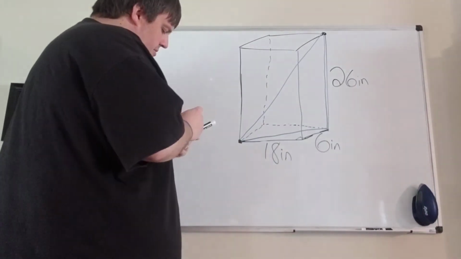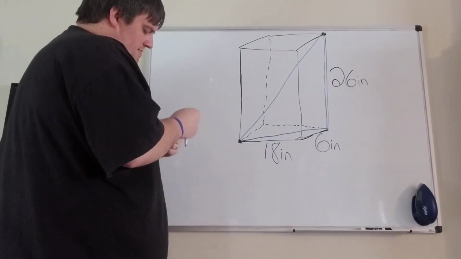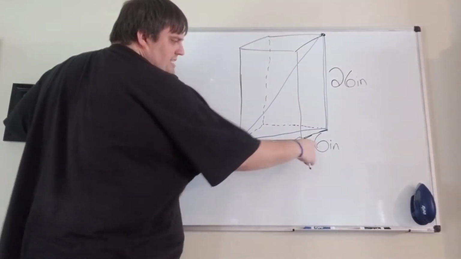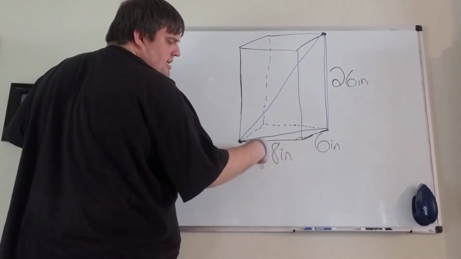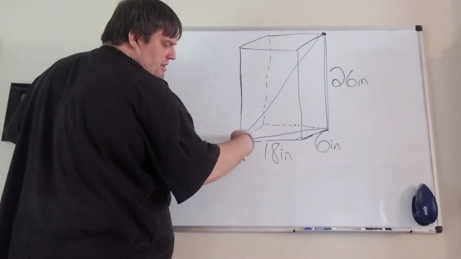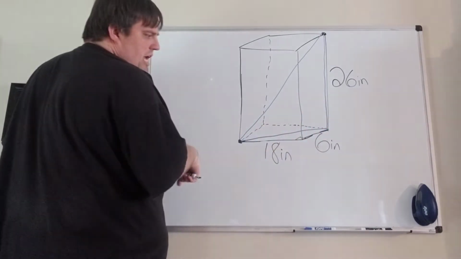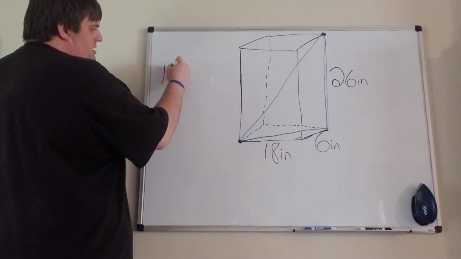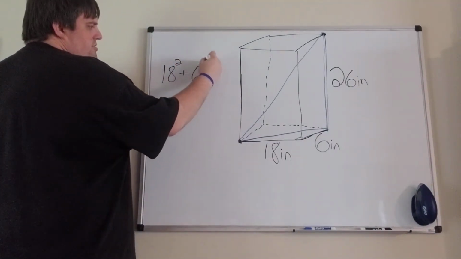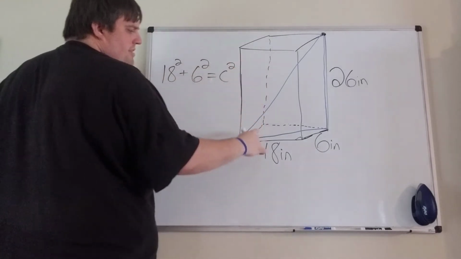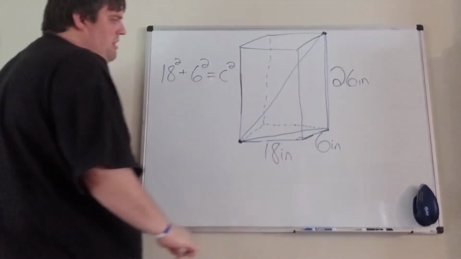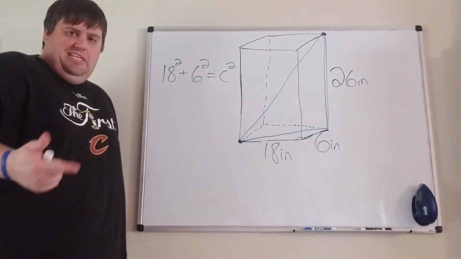So the first thing I'm going to do is use 18 and 6 as my legs to find this hypotenuse, the first blue line or second blue line that I drew. So I want 18 squared plus 6 squared equals c squared. This is the hypotenuse because it's across from my right angle. It's got to be the longest side, so we know it's going to be longer than 18.